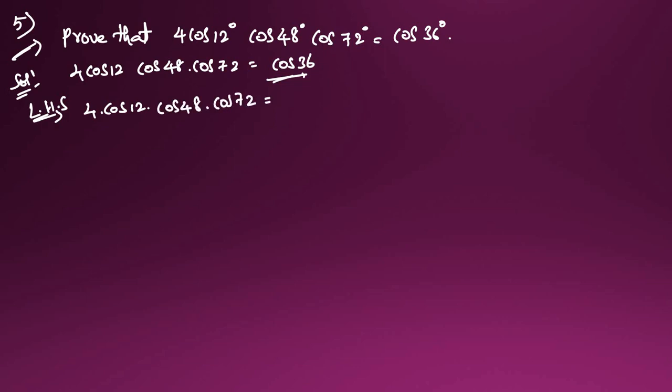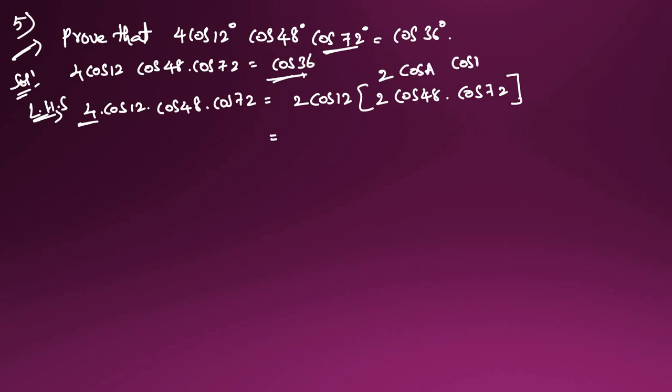So is equal to, I will write 2 into 2 cos 12 here. This 4 I am dividing into 2 into 2. So I will take here cos 48 into cos 72. So in this place, this is 2 cos A cos B, like this.